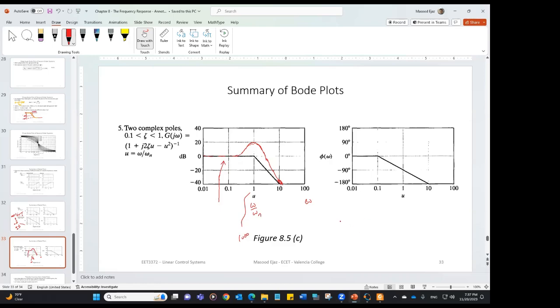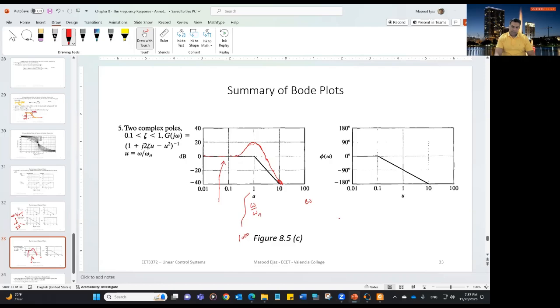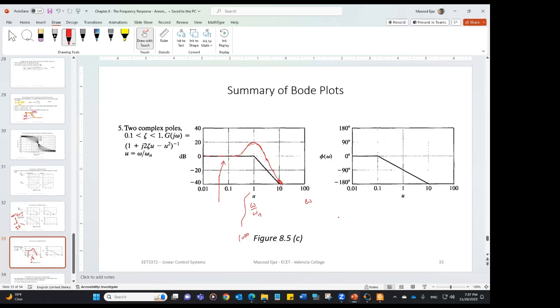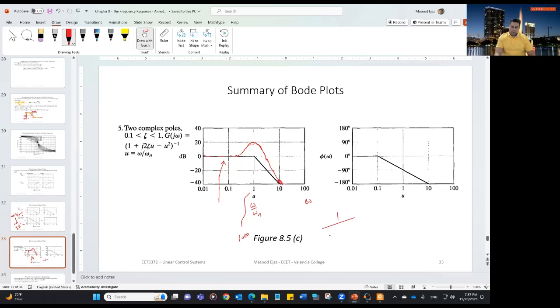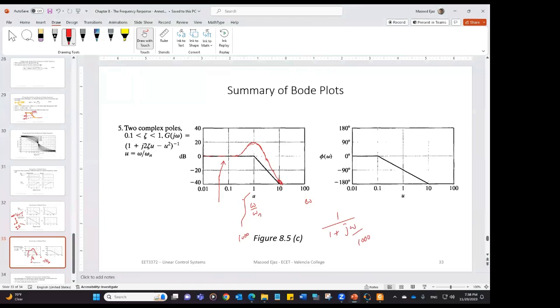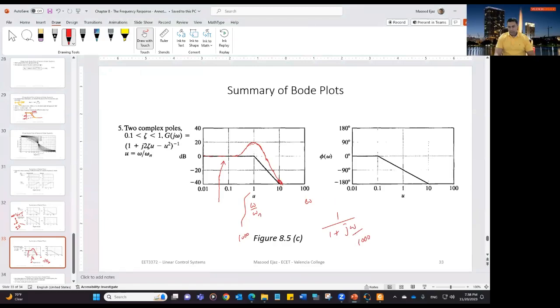Would that be one that has repeating roots? Okay, so what will it be? 1 over 1 plus j omega over 1000, squared. So it's going to be 2 roots.